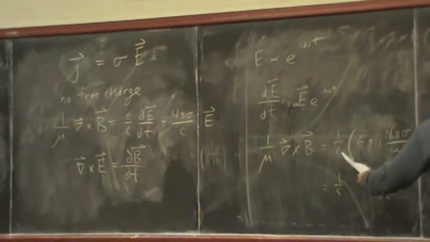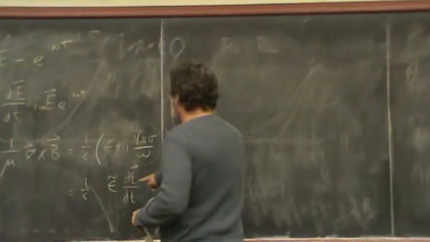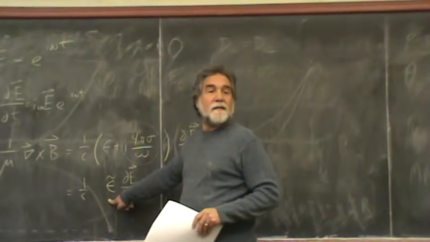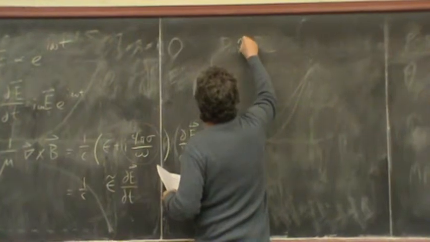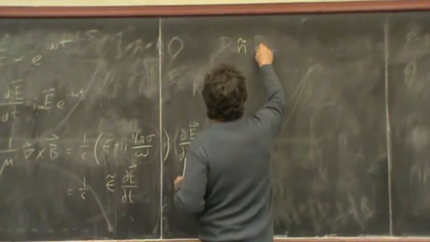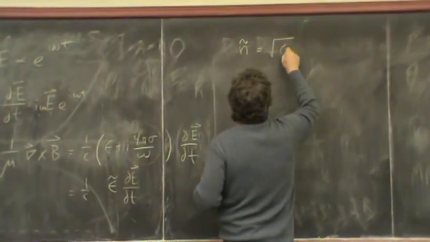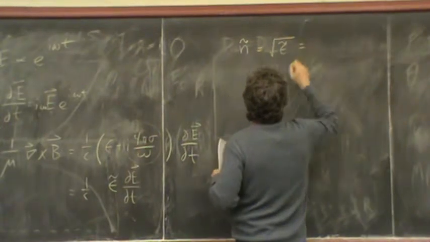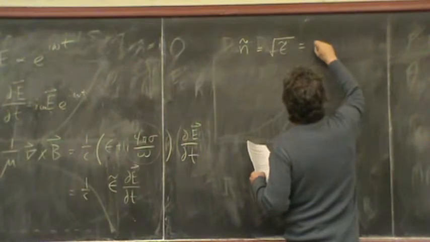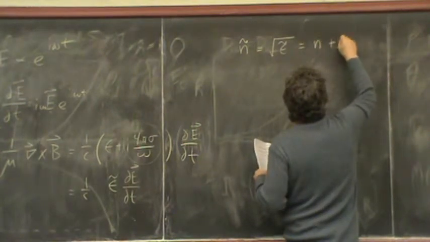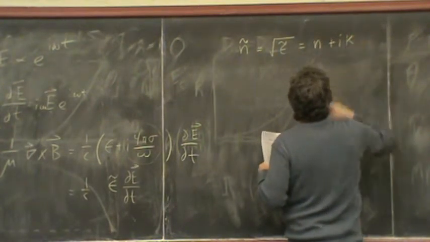Where was I? Yeah. So I got my complex dielectric function here, and I'll just remind you that n tilde, as I've used it over there, is equal to the square root of epsilon tilde, the complex dielectric function, and that we have written that as n plus i kappa.